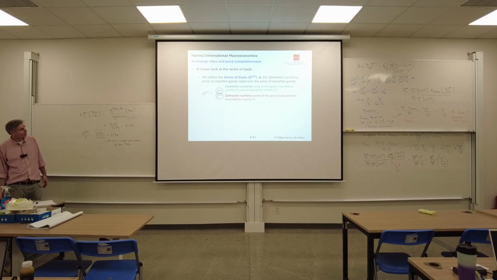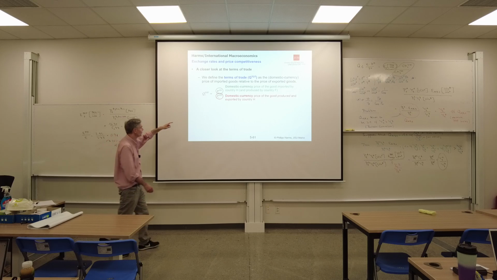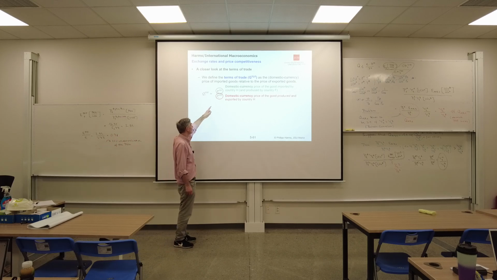And we divide by the domestic currency price of the good produced and exported by country H, the H good price in the H country. So we're referring to different goods, F and H, but we're referring to the same location.